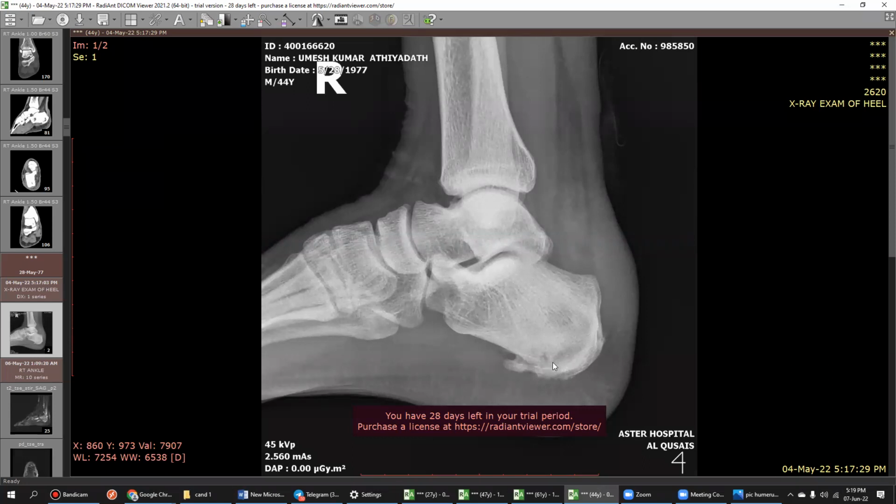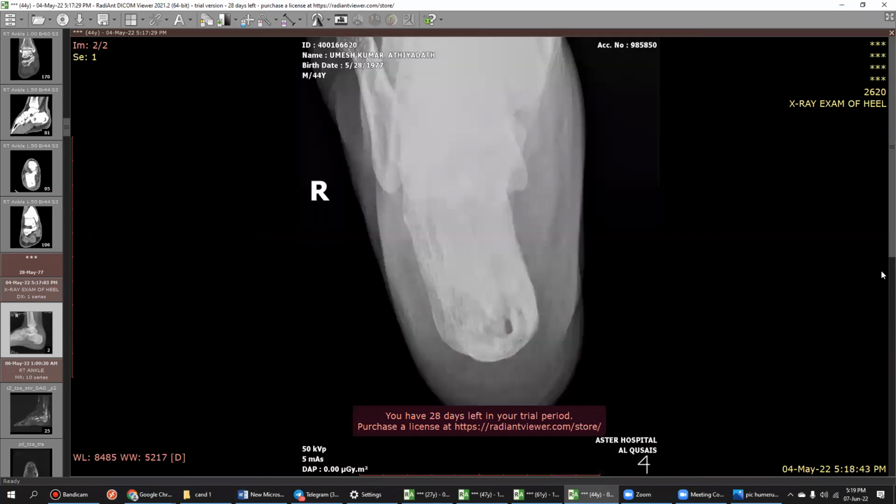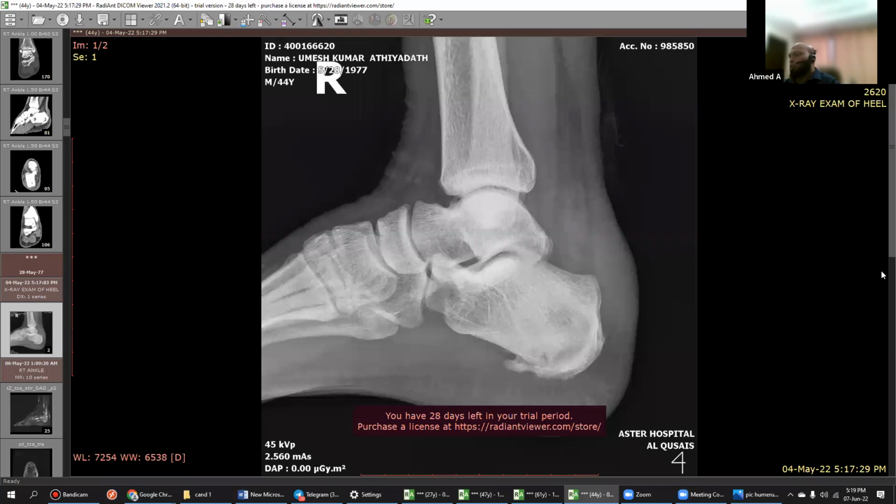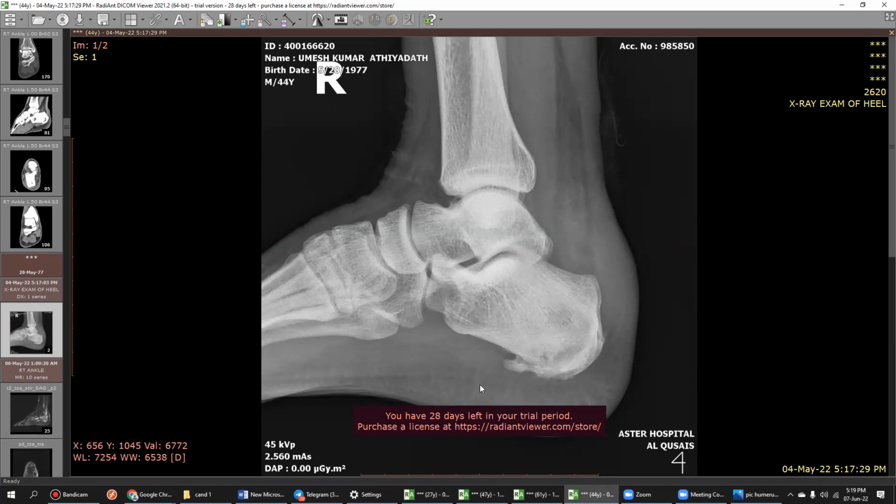And I will relay these findings to the endocrinologist or the referring clinician. Endocrinologist for what? Because he may be diabetic, and maybe he has diabetes and recurrent infection. However, I can't see any soft tissue swelling or any evidence of infection in the surrounding soft tissue.